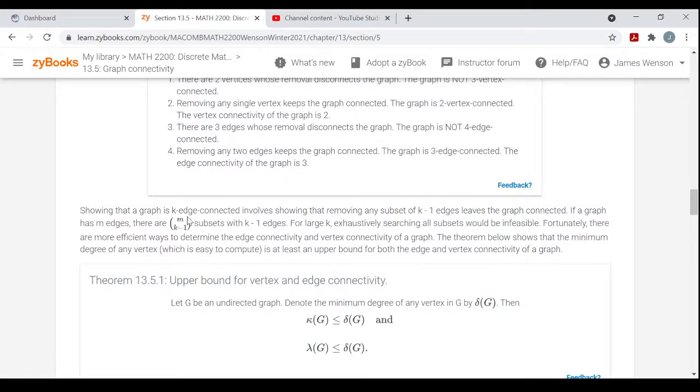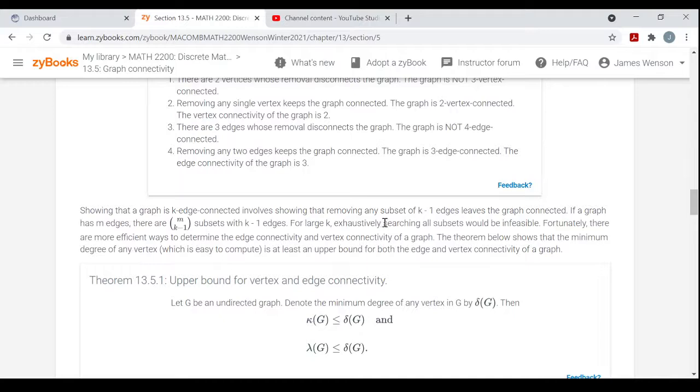Showing that a graph is k-edge connected involves showing that removing any subset of k-1 edges leaves the graph connected. So if a graph has m edges, there would be m choose k-1 subsets you'd need to check. And that can be a lot, especially if there's a lot of edges.